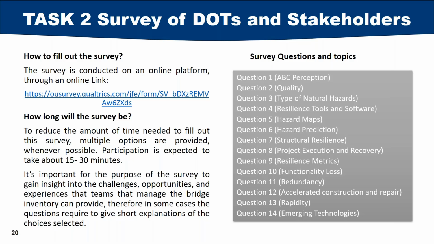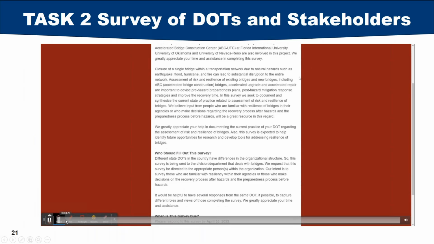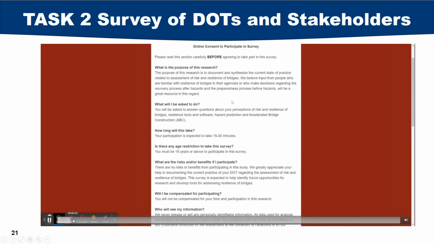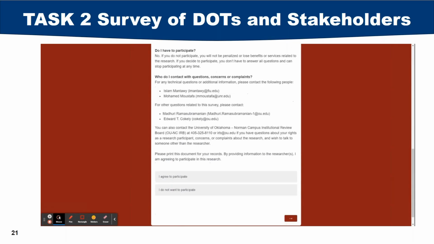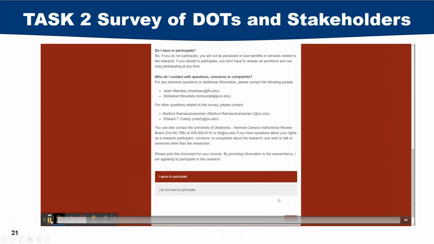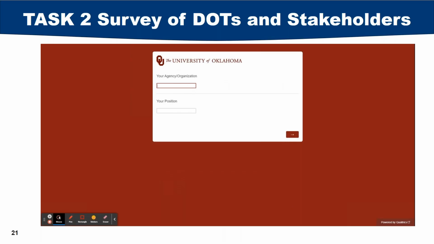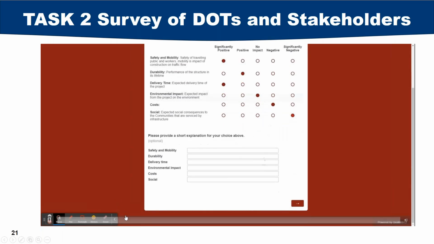And question 3 relates to the type of hazards. We have given them choices in terms of the type of hazards: coastal surge, earthquake, explosion, fire, flood, hurricanes, impact load, and so on and so forth.